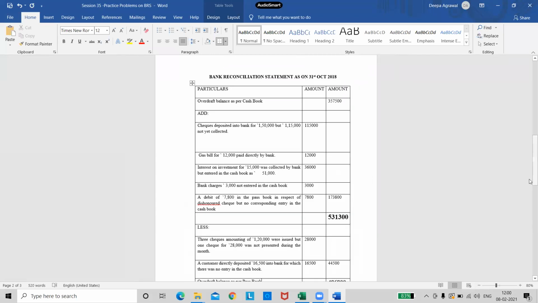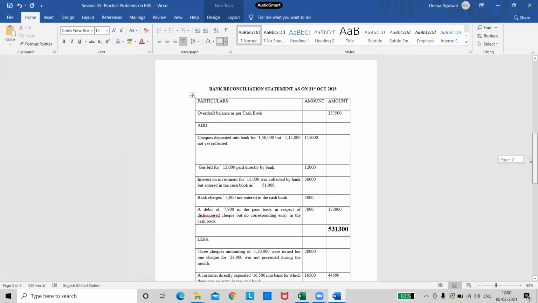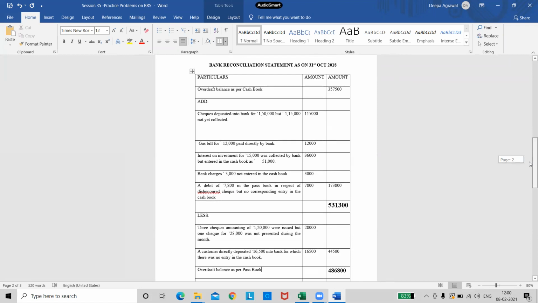I will just try to put the entire problem on one page. One second. Okay. Yes, can you see the entire problem on one page now? Is it clear? Yes, so we are done with the problem.